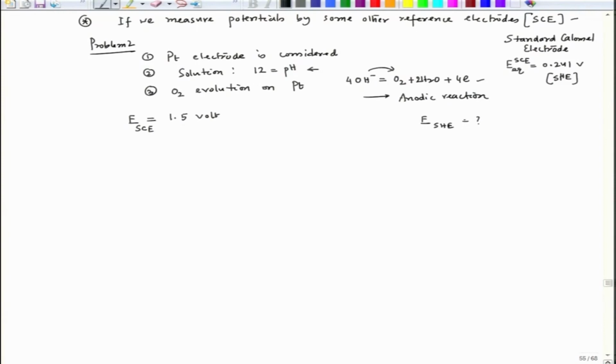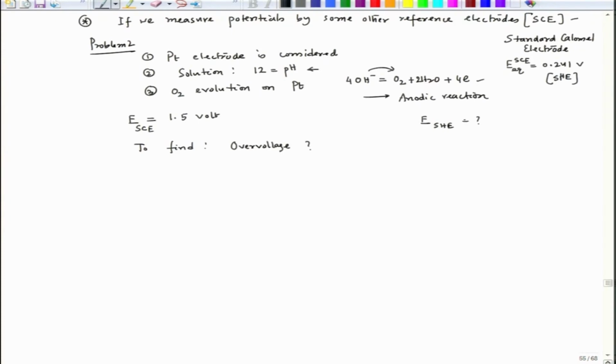Now, if we take anodic polarization and the potential is this, the part to be determined is the over voltage. How much is the over voltage?